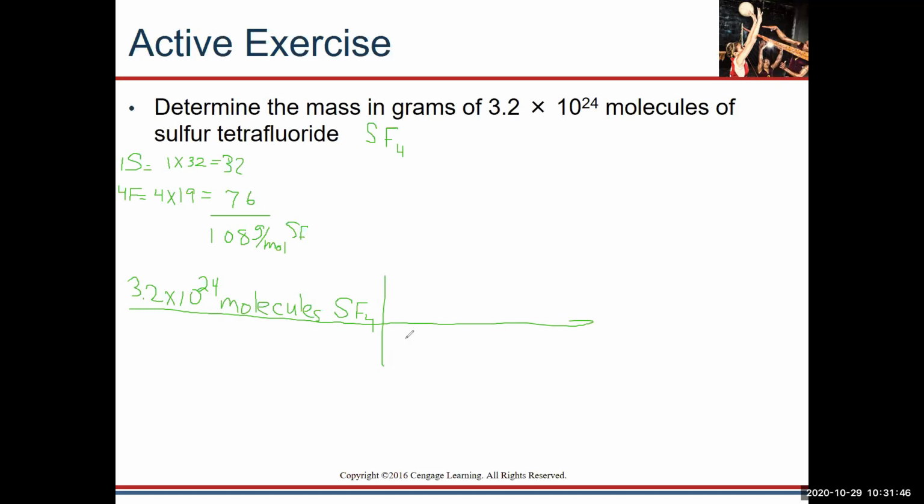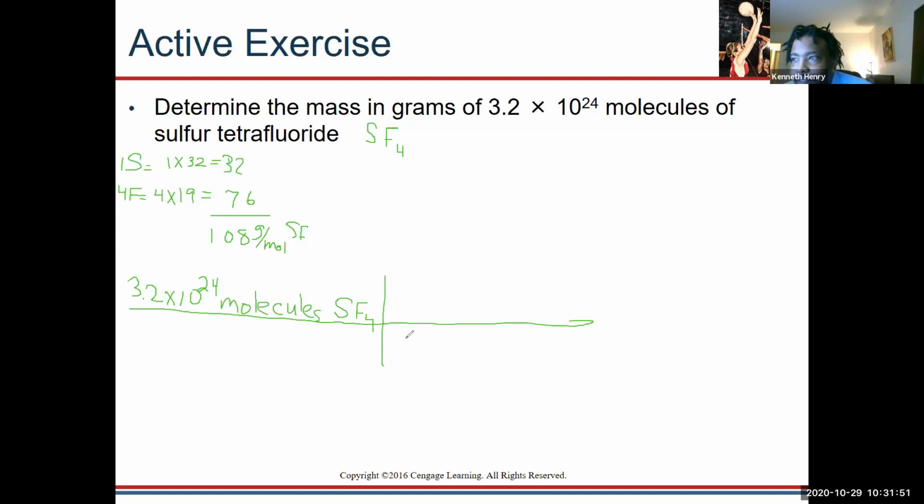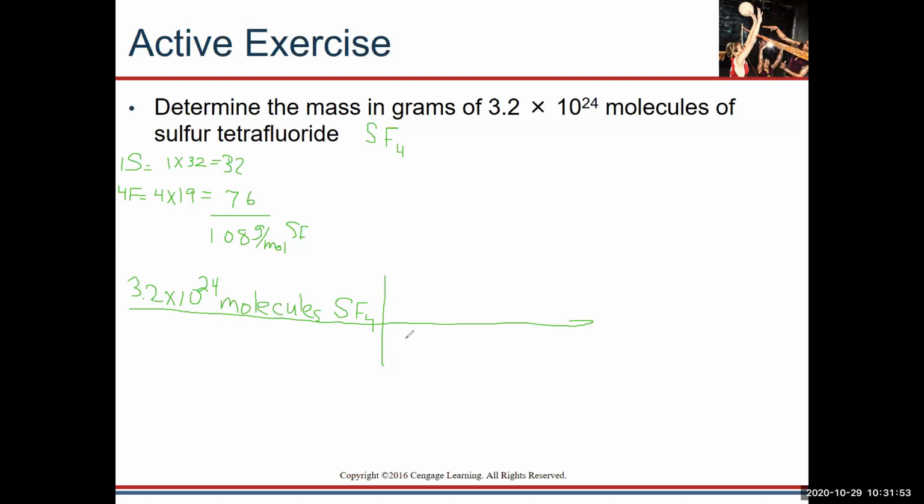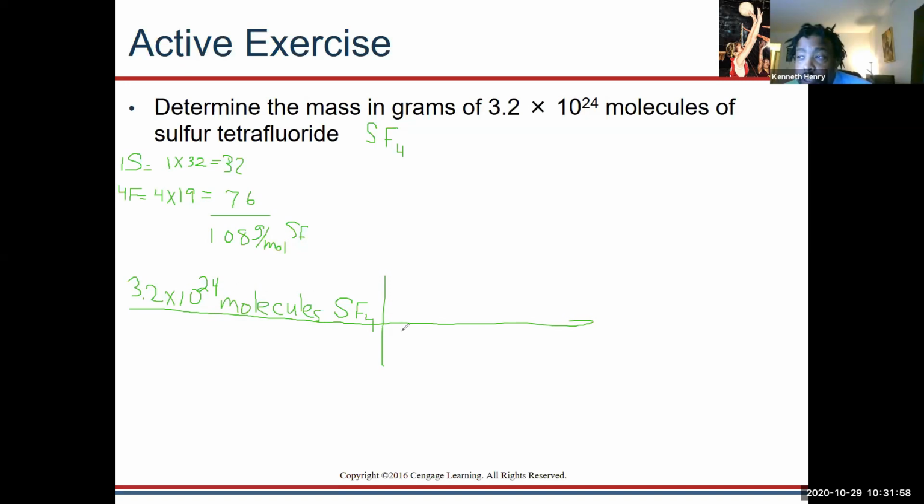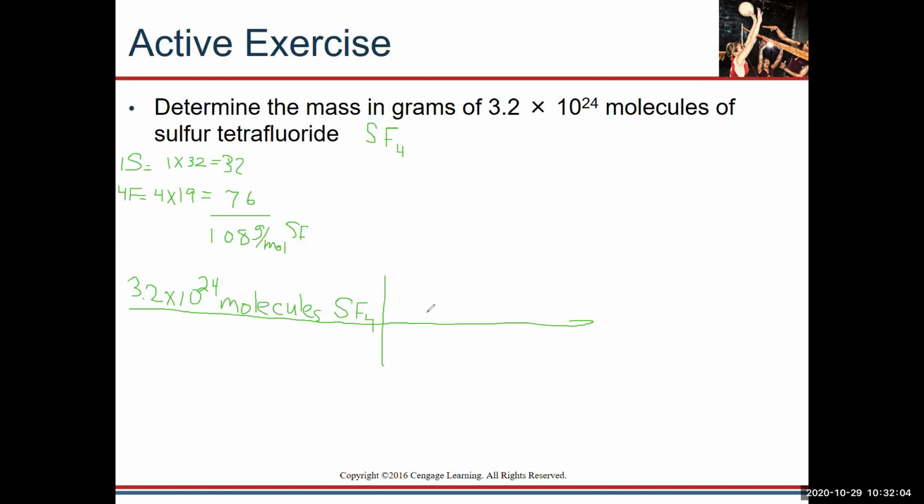Well, we're trying to find grams, right? Would we use mole or molecules? Right now we have molecules, so we need to get rid of molecules. How do we get rid of molecules? Avogadro's number.